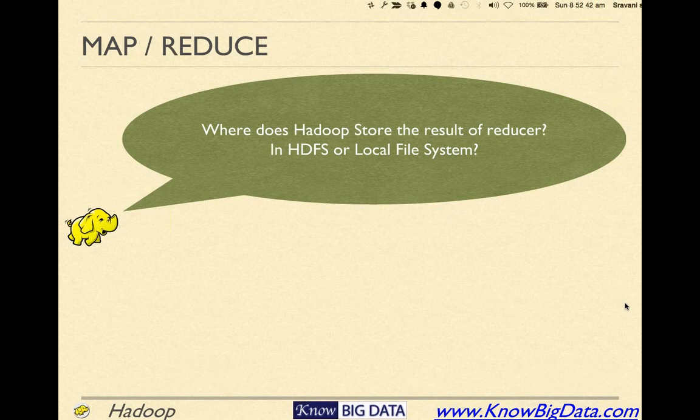Was it in the local file system or in HDFS? Did we check it through Hue as well? Because anything you check through Hue is HDFS. All right.